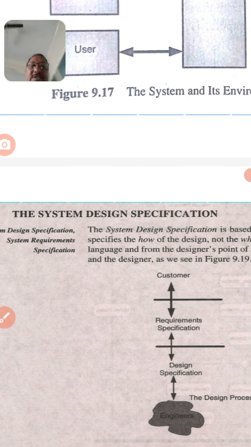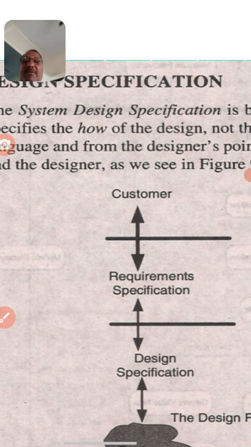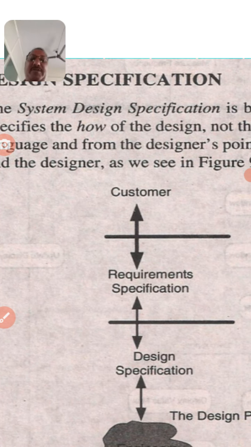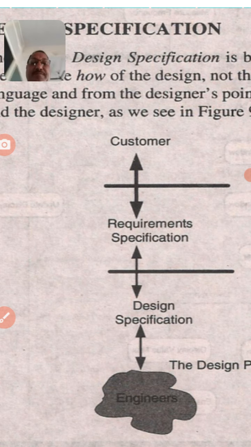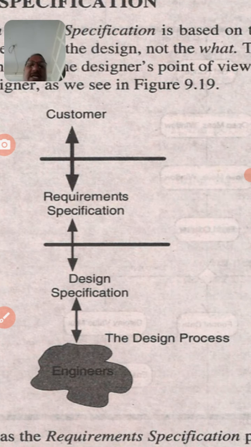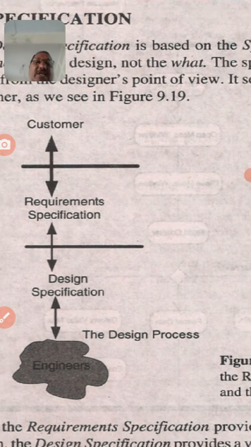Then the system requirement specification and the system design specification: we will design the system based upon the customer's or user's requirement, and that requirement is converted into detailed specifications, and then based upon those detailed specifications, design specifications are generated and the design process is finalized.